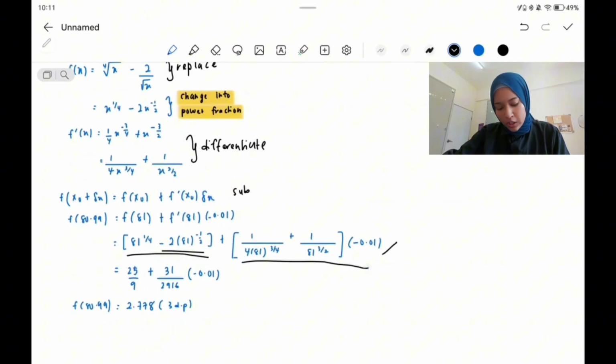For this function we will get 25 over 9, and for this one we will get 31 over 2916, multiplied by negative 0.01. Then the answer for this question is 2.778, and that is the final answer in 3 decimal places.